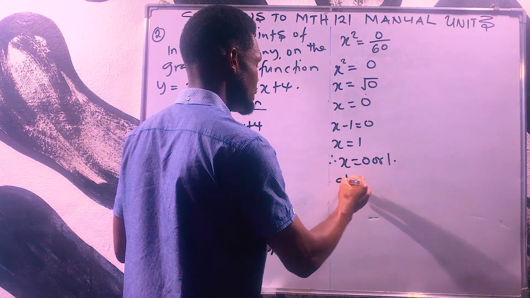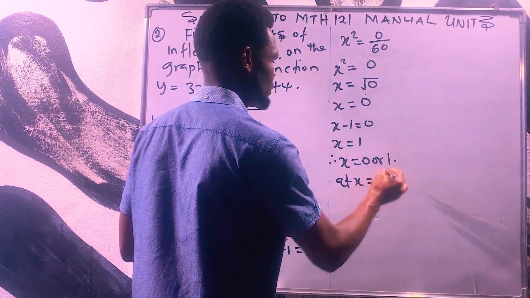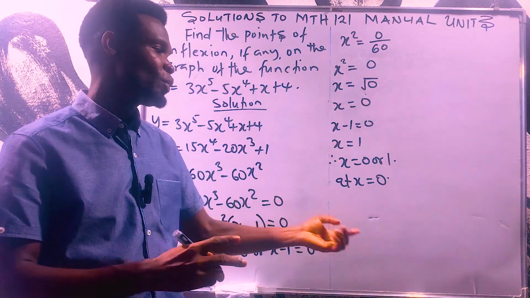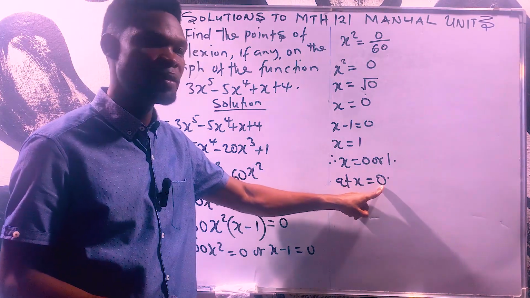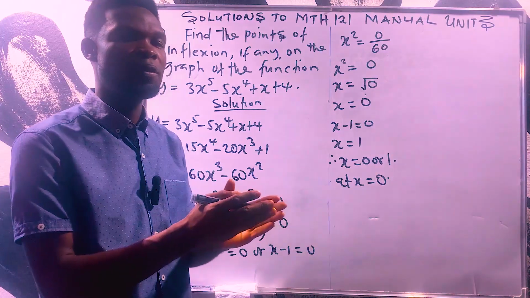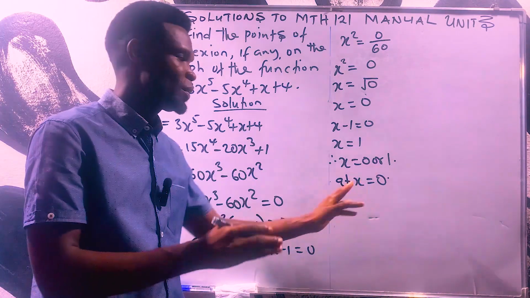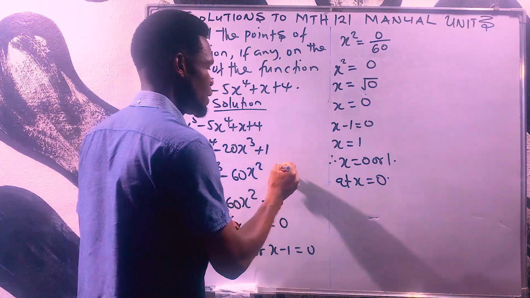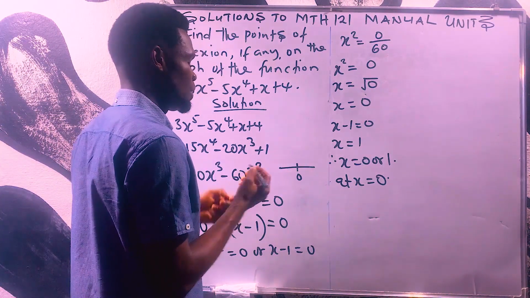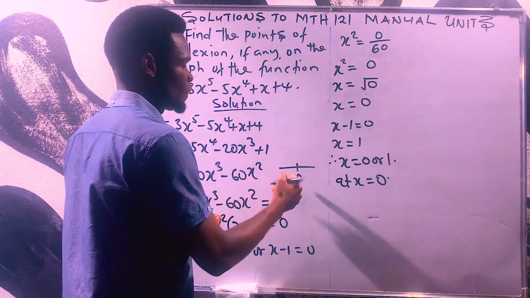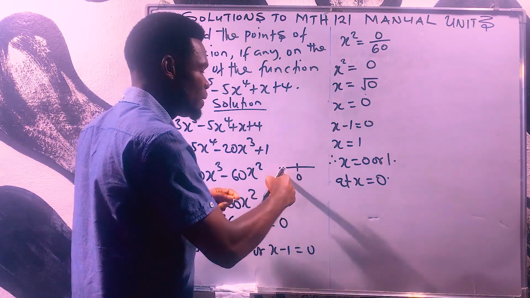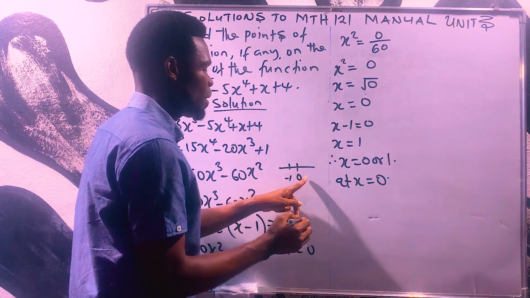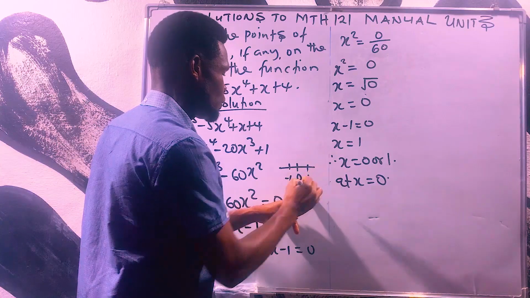At the neighborhood of 0, we have numbers at the left of 0, and we also have numbers at the right of 0. The number at the left of 0 is minus 1, and the number at the right of 0 is plus 1.